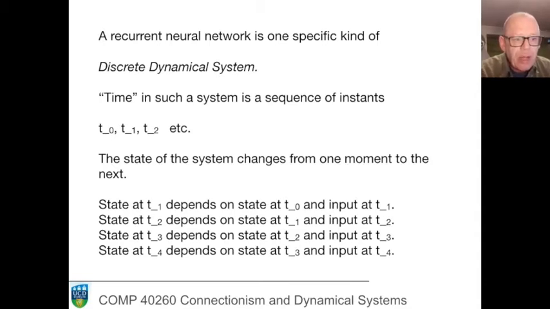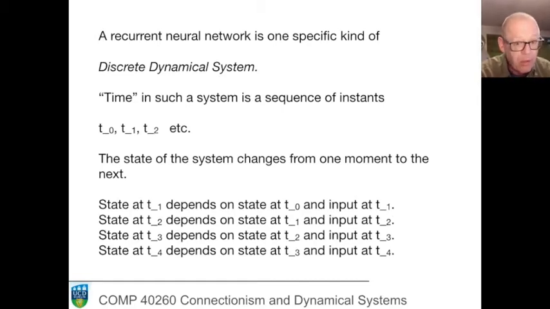Because time now plays a role, we can choose to view a recurrent neural network as we have viewed feed-forward networks, but we can also view it in a different way, as a dynamical system which has a particular state, the set of numbers that characterize the network, at time 0, and a state at time 1 and a state at time 2.